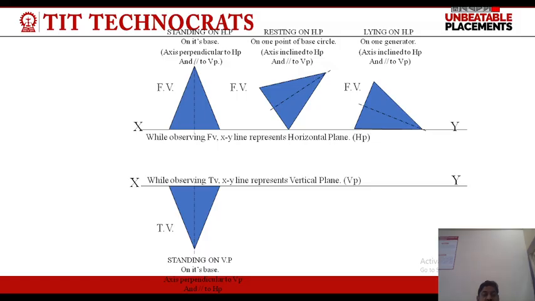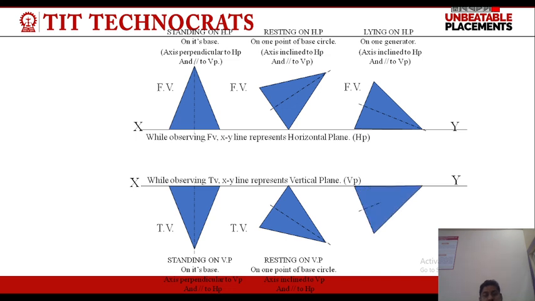Standing on VP on its base, this is resting on VP, this is lying on VP. These are all the different conditions most probably used in different types of questions, so you can remember these conditions.